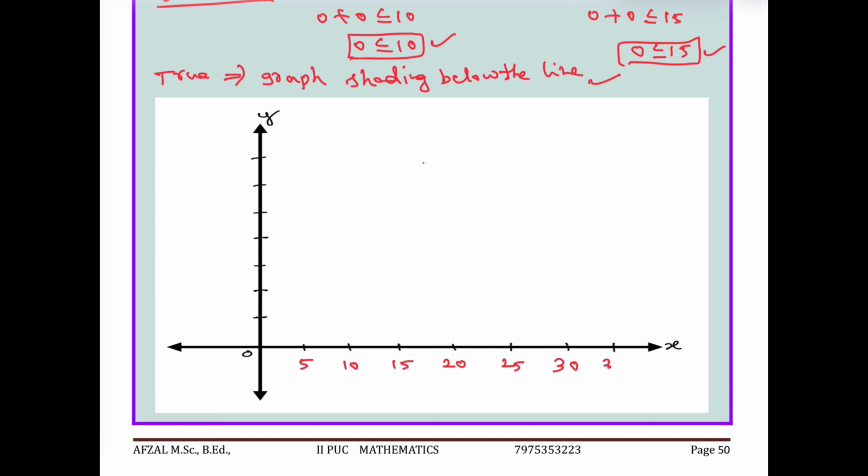First we need to find the IF, which means integrating factor. The integrating factor formula is e power integration of p dx. That equals e power integration of 2x divided by 1 plus x square dx. Then by the substitution method, 1 plus x square equals t, 2x dx equals dt. That equals e power integral dt divided by t, that is e power log t.